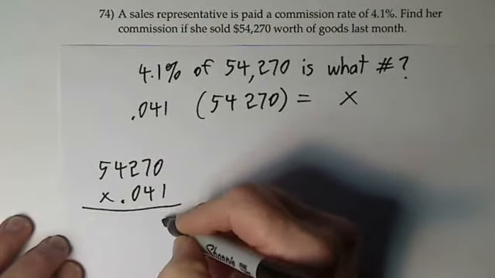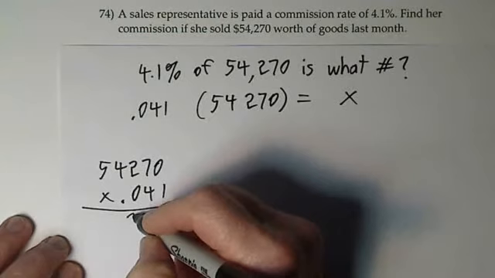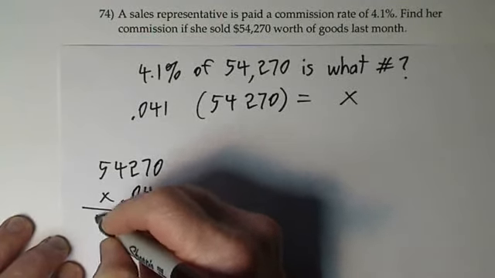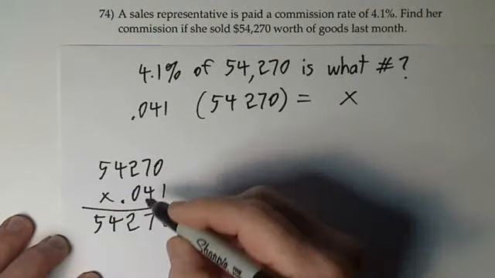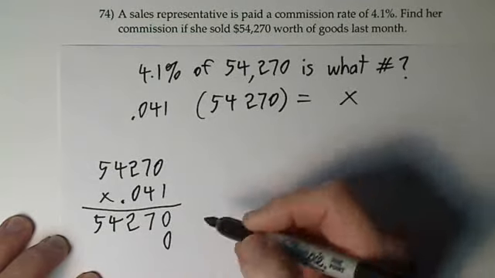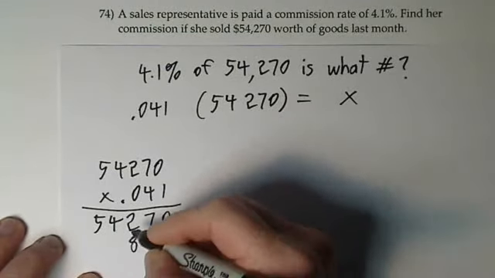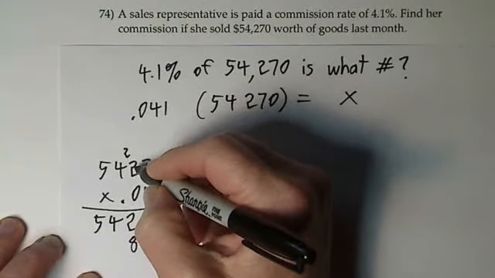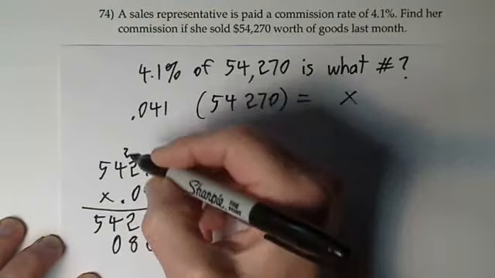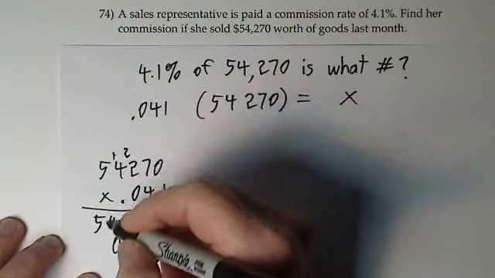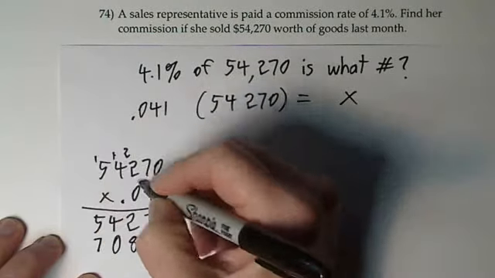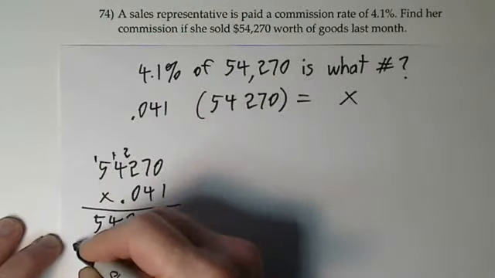Multiplying by 1 goes pretty fast, all you have to do is rewrite the number. Before we start with our 4, you've got to put in a 0, and now 7, 28, 8, 9, 10, 16, 17, 21.